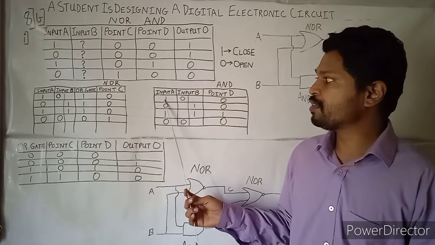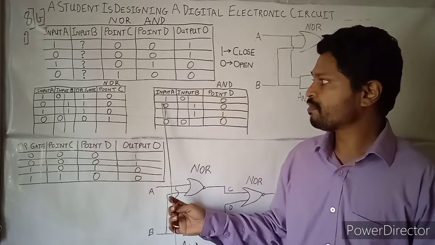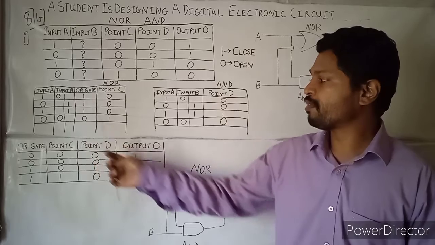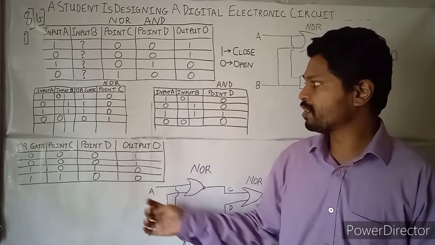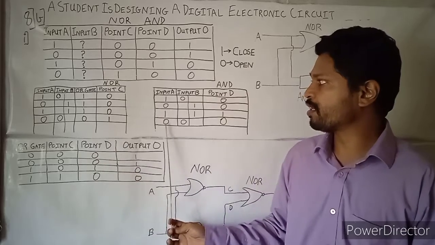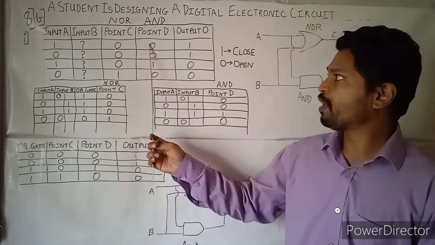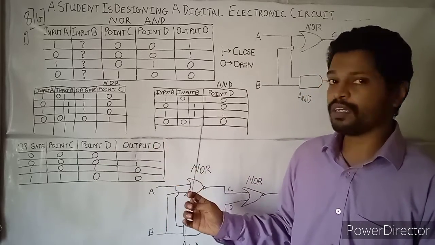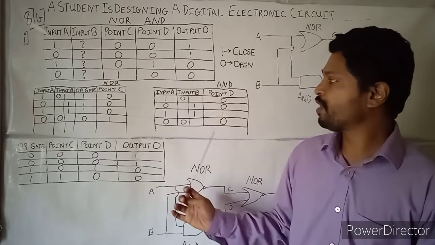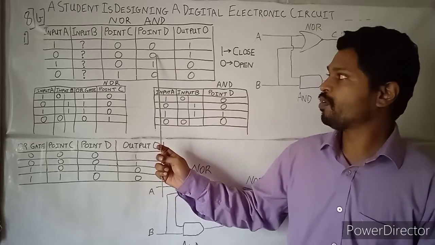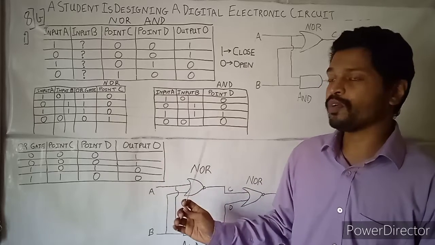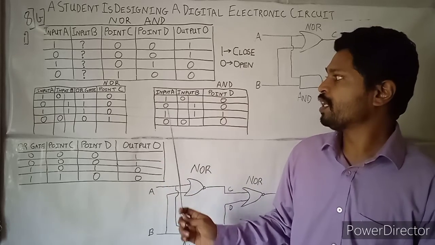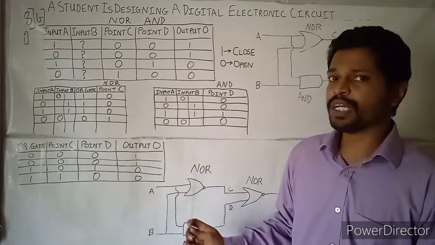We had taken this 0 from the question itself, 1 from the question itself, 0 from the question itself. This D part also we had taken from the question itself. You can see 0 we have taken over here, 1, 0 again, from this 1 we have taken over here, and 0 here. Now we will be substituting values and seeing.